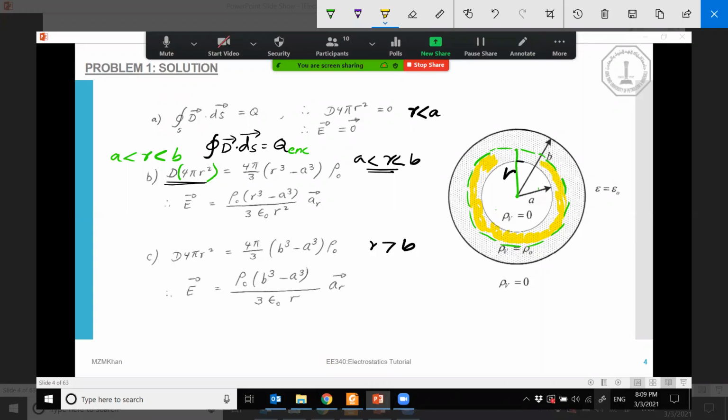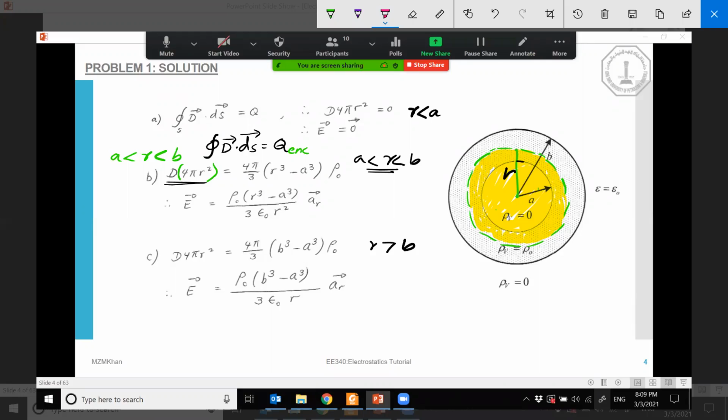Inside the spherical shell, if you see here, this is the complete volume. Can you see this yellow one? Now, first, let us see, do we have any charge inside this green spherical shell? Yes, you guys can answer me.